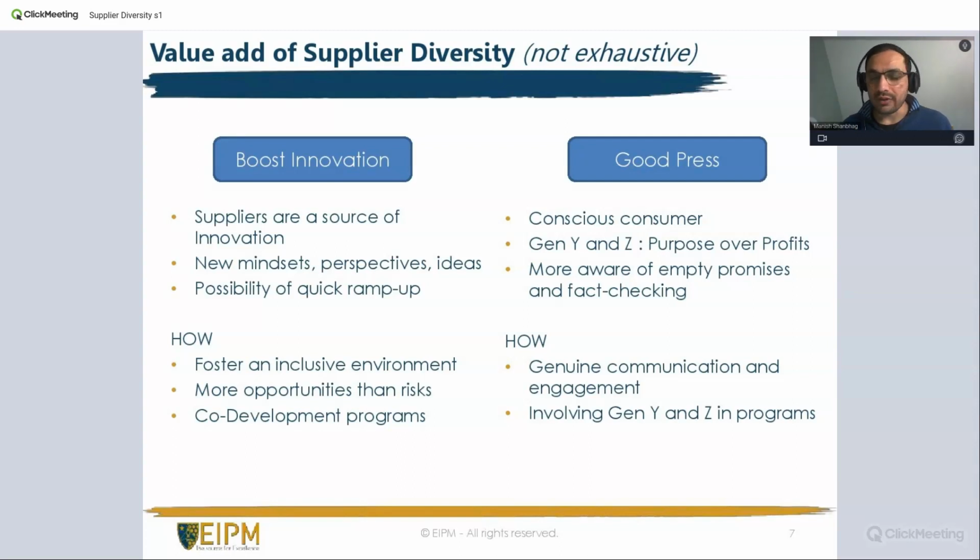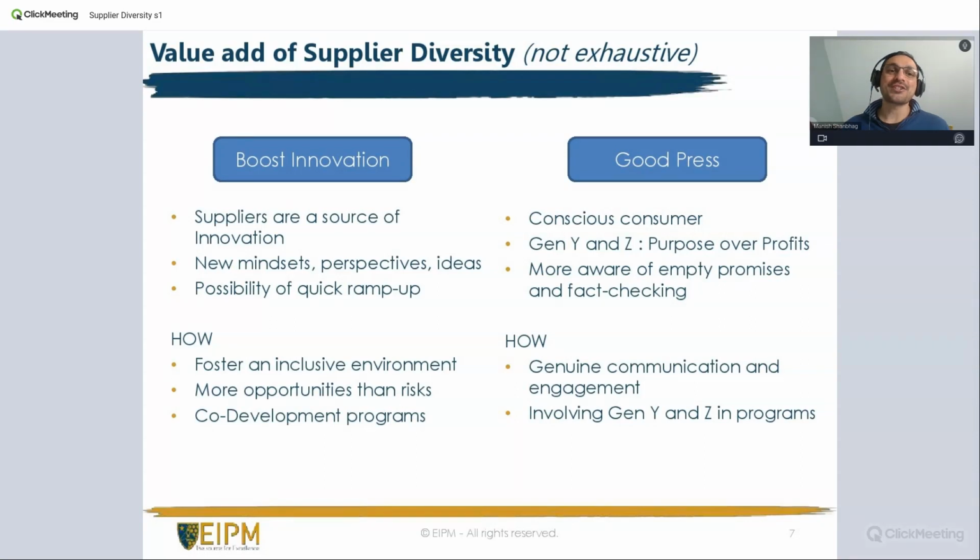You foster an inclusive environment. So there was one article I was reading somewhere, and there was one of these sentences that I liked very much, which said, diversity is including you in a group. Let's say you're going to a party, diversity is including you in the party, and inclusion is asking you to dance. I like this simple definition very much, so I thought I'll share it with you.